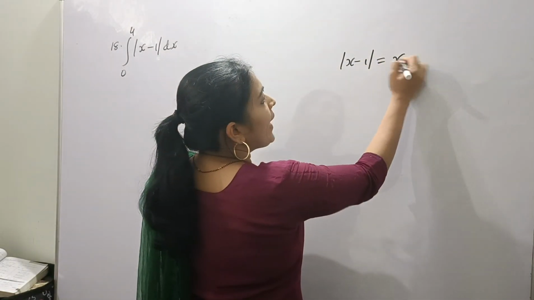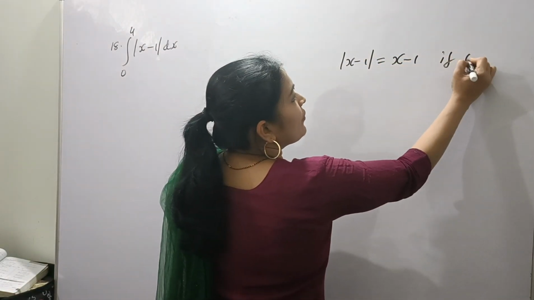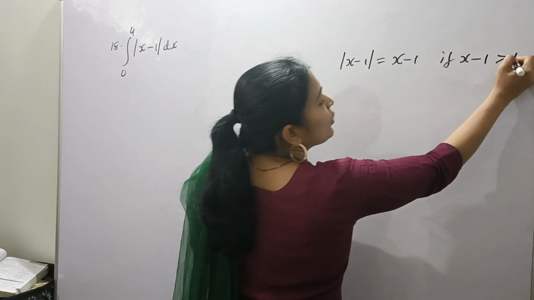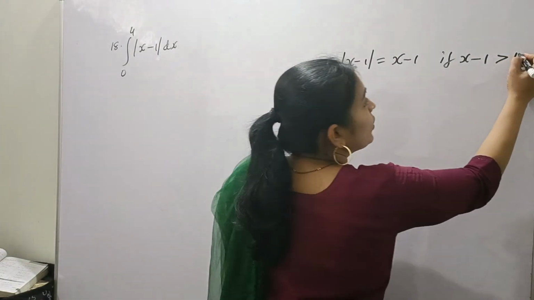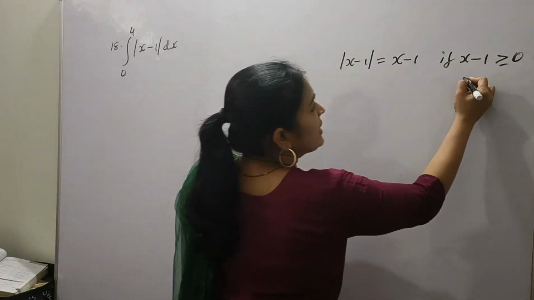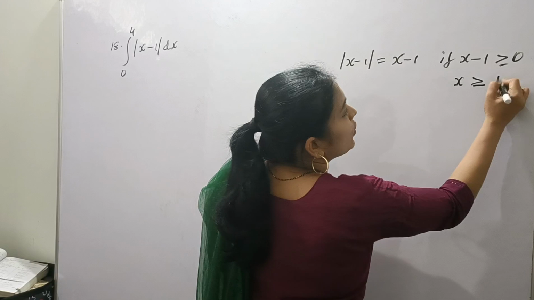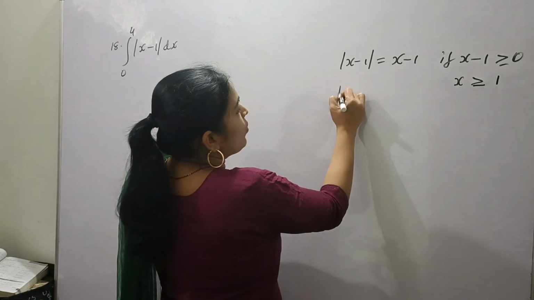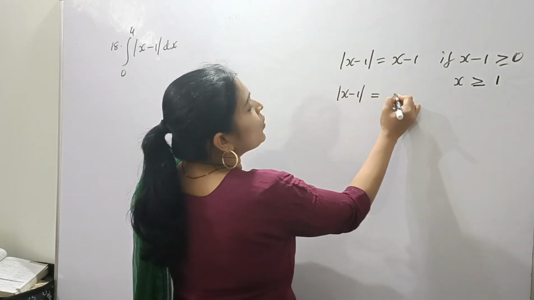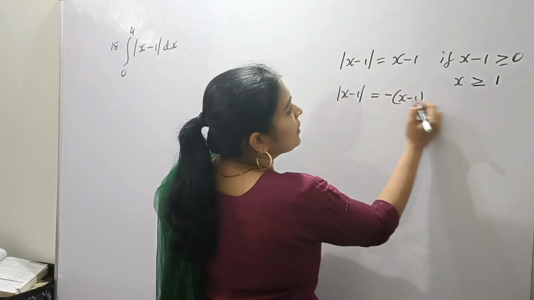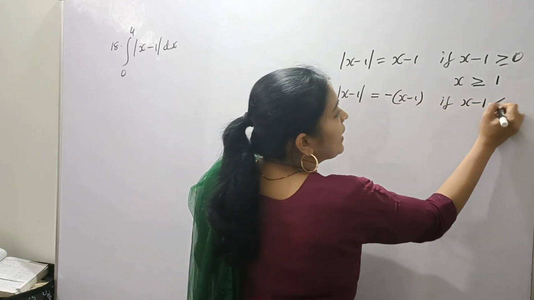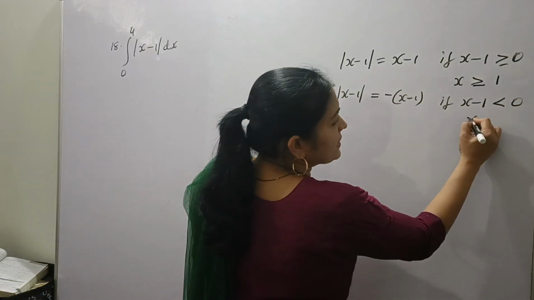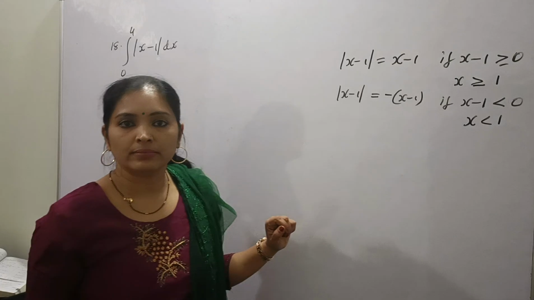It is equal to x minus 1 if x minus 1 is greater than or equal to 0, that means x is greater than or equal to 1, and modulus x minus 1 is equal to minus of x minus 1 if x minus 1 is less than 0, that is x less than 1.